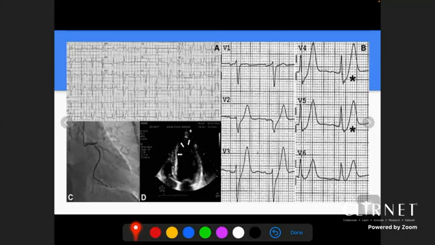But sometimes you have to order 0 and 1 hour, 0 and 2 hour, or 0 and 3 hour troponin. However, if you have bedside echocardiography, this will also be very helpful. So here, echocardiography showed wall motion abnormality in the apical segments. This also supports the decision that these ischemic ECG changes are new and mandate immediate angiography.